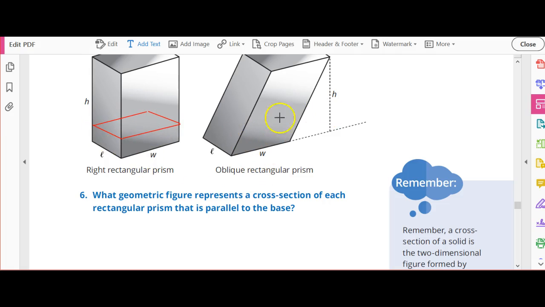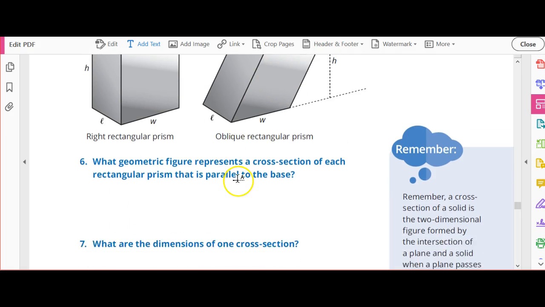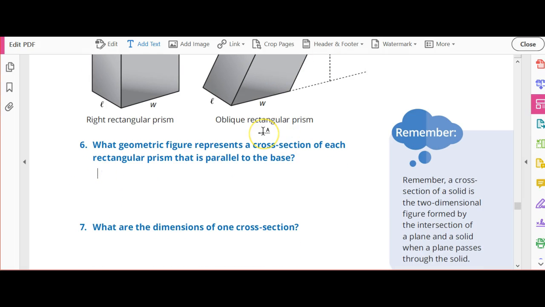So the answer is that each slice is still going to be a rectangle. It's going to match the base, right? Each cross section matches the base. So let's write that down. So each cross section would match the base.